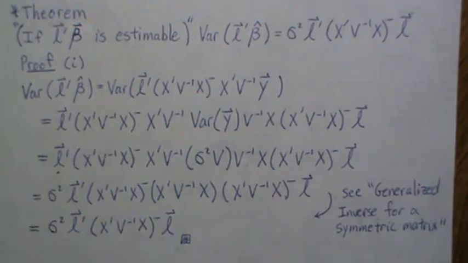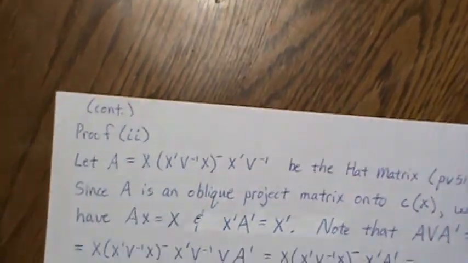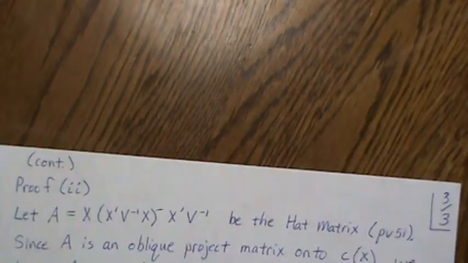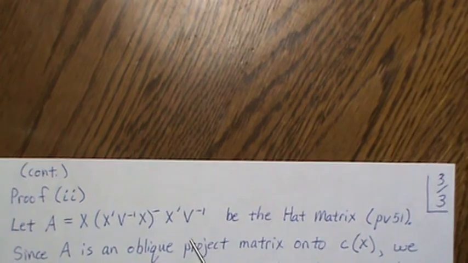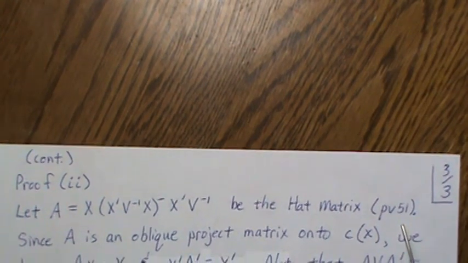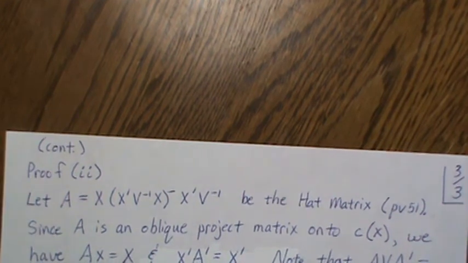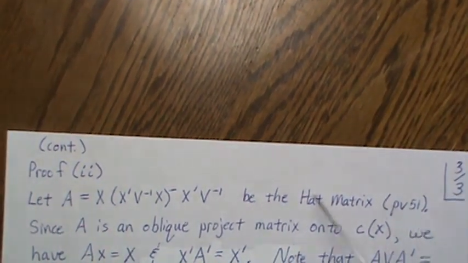Now the next proof, we use estimability in the proof. So here we let A be the hat matrix, which is defined as this. See previous video 51 in this playlist. General Linear Models Regression is the playlist.